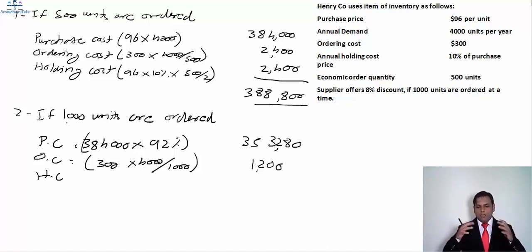For example, we were placing orders of 500 units, and now our ordering cost will be reduced to half because we are placing double the quantity per order. Whenever the discount comes, it's obvious that the ordering cost will be reduced, since more supplies need to be bought to gain the discount.